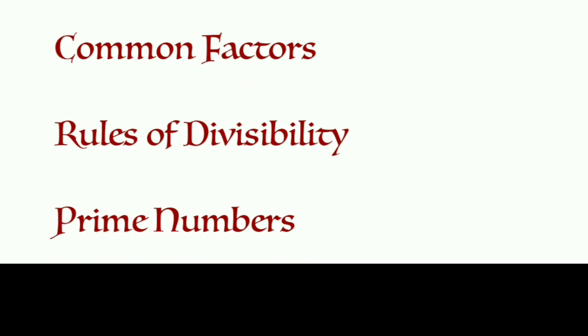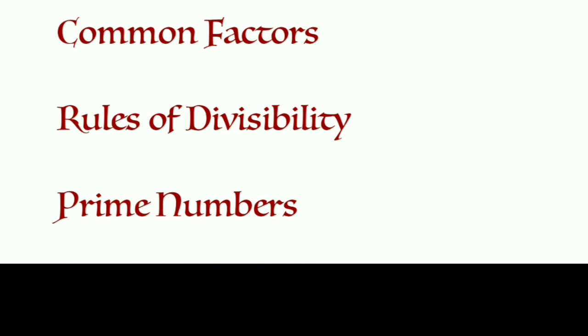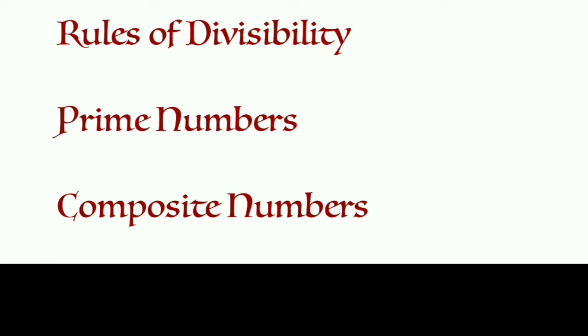After this, let's see the recap. In this chapter, what we have learned: factors, then common factors, then rules of divisibility by 2, 3, 4, 5, 6, 9 and 10. Then prime numbers.